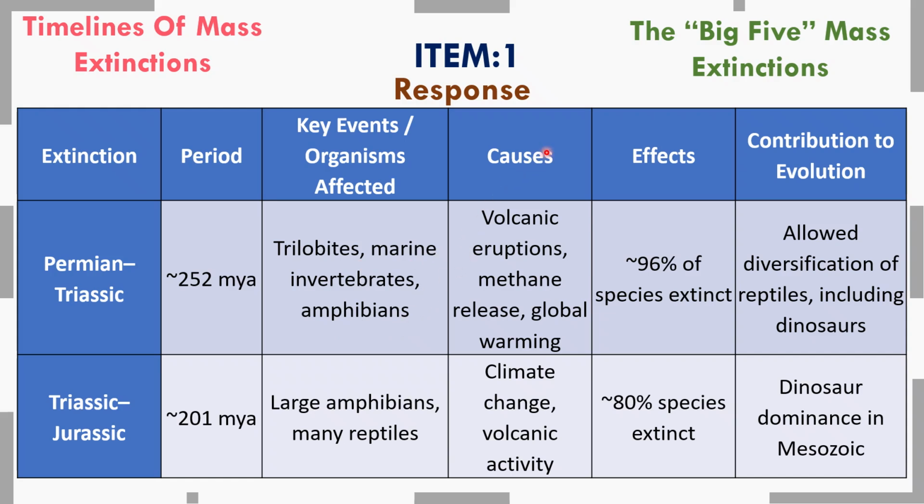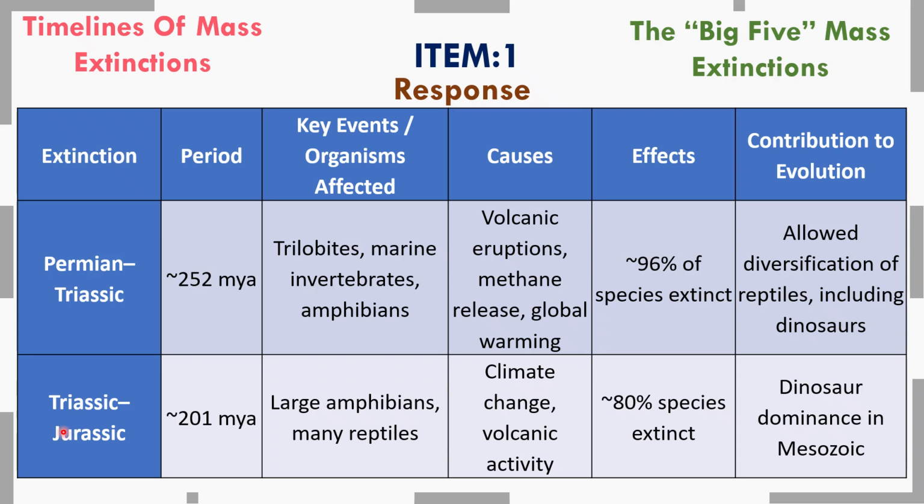This was caused by volcanic eruptions, methane release, and global warming. And the effect was approximately 96% of the species extinct. The contribution to evolution, it allowed diversification of reptiles, including the dinosaurs.